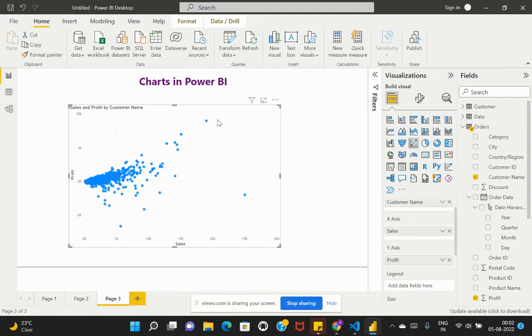And you can also observe that these are all the different outliers in your data, right? So this is also another customer. So this customer has got the highest profit and the highest sales value as well, right? So if you hover on this, you see that Tamara Chand customer has the highest sales of 19k dollars, and the profit is $8,981.